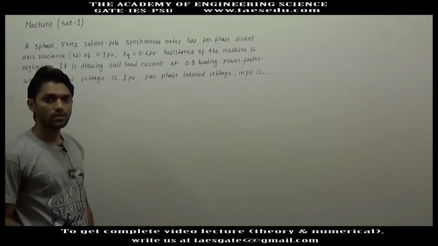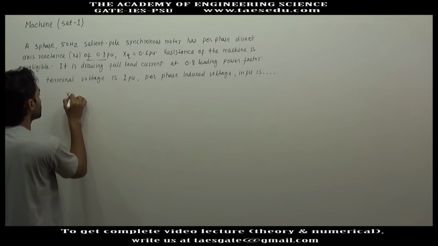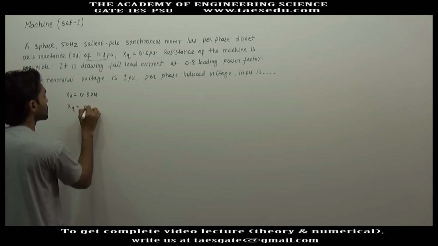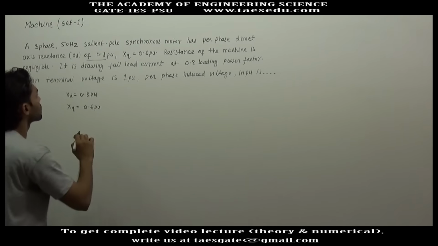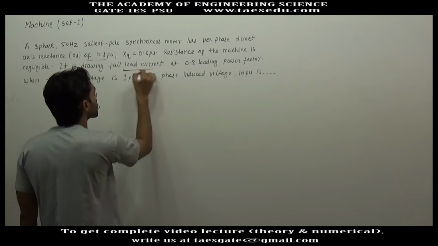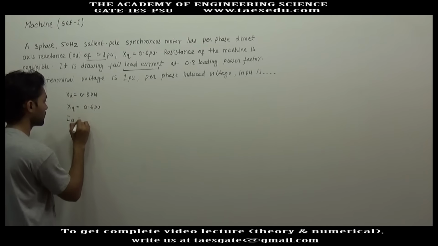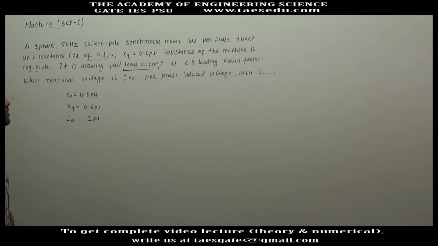In a salient pole synchronous motor, xd is given as 0.8 pu, xq is given as 0.6 pu, and it is drawing full load current. Since current is full load current, the armature current will be 1 pu. 1 pu means the rated current or full load current.